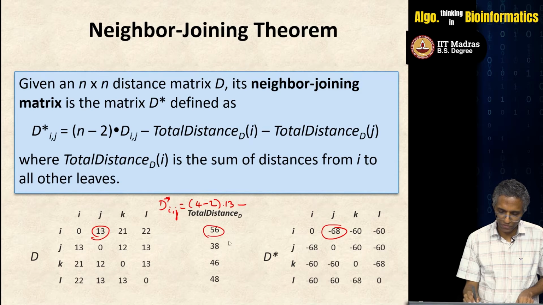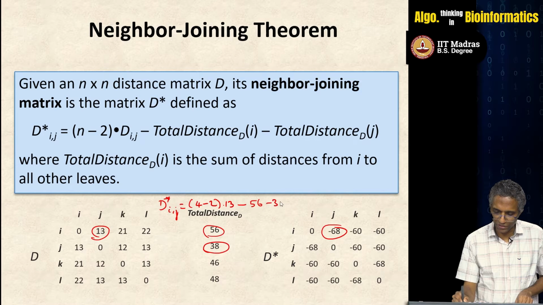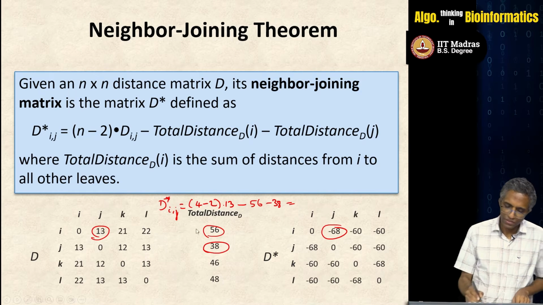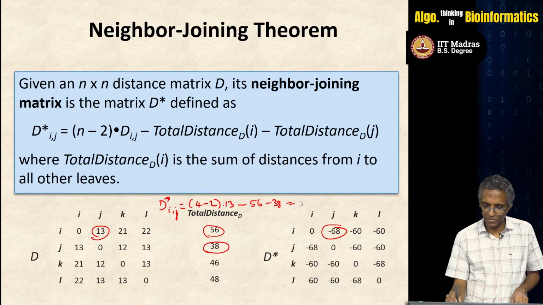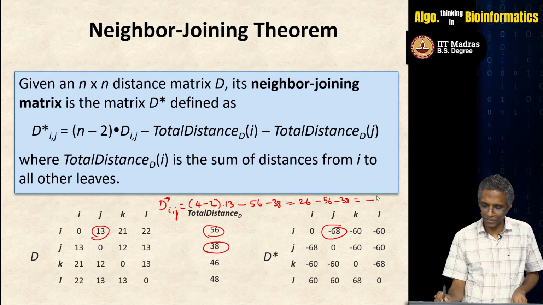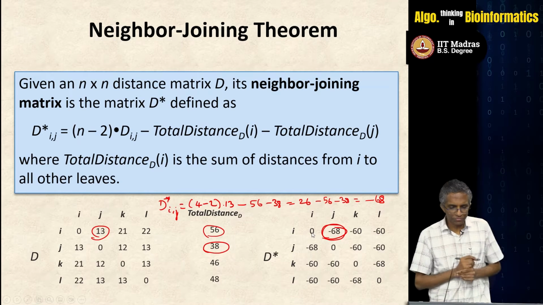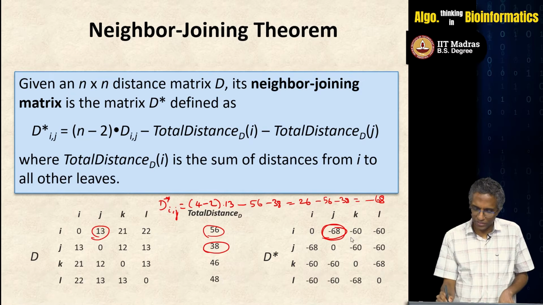Total distance of i is 56, total distance of j is 38. So, this is 2 times 13 is 26, minus 56, minus 38. 26 minus 56 is minus 30, minus 30 minus 38 is minus 68, okay, and that is what is given here.